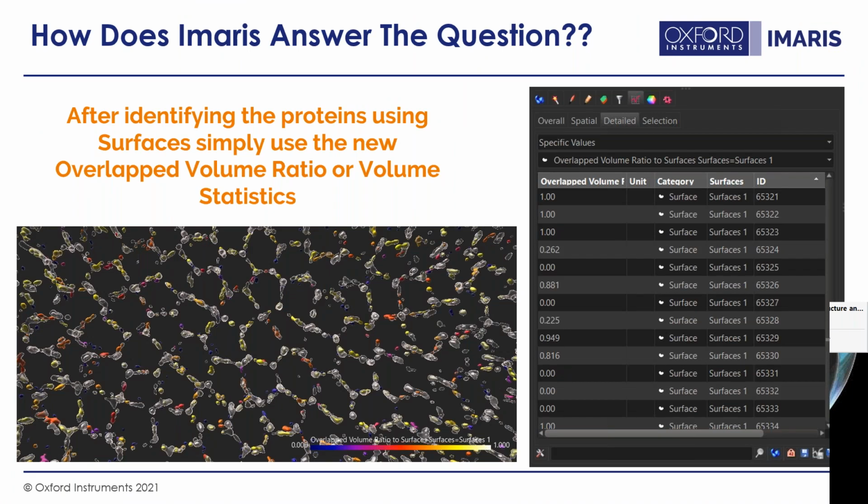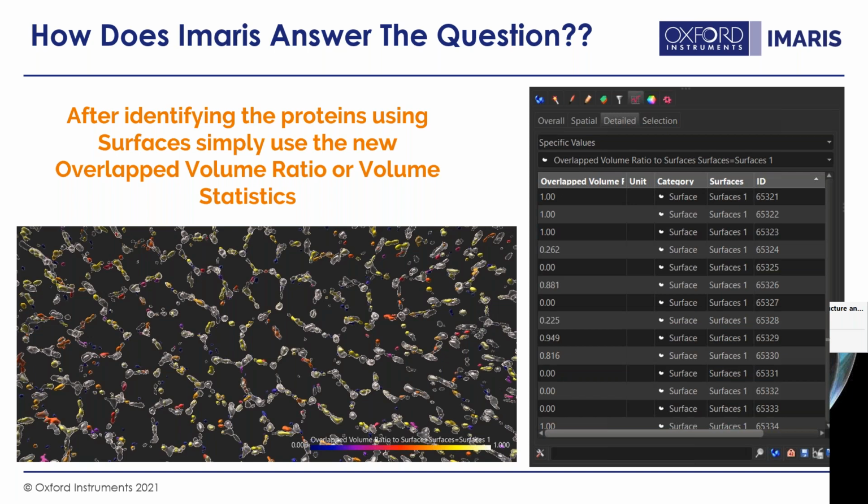Well, by its nature, you need to have two separate surfaces, one for protein A and one for protein B. You can have more. You can go crazy if you want, if you have lots of labels and maybe doing multiplexing. But let's start with two.